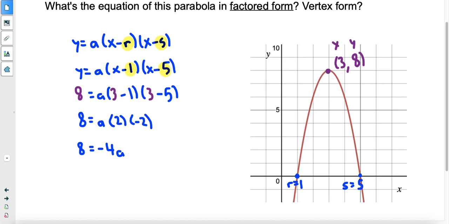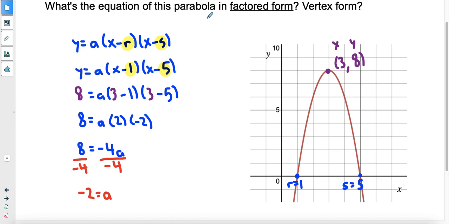And now to get a, what I can do is divide by negative 4. 8 divided by negative 4 is negative 2. So we can see a is equal to negative 2.